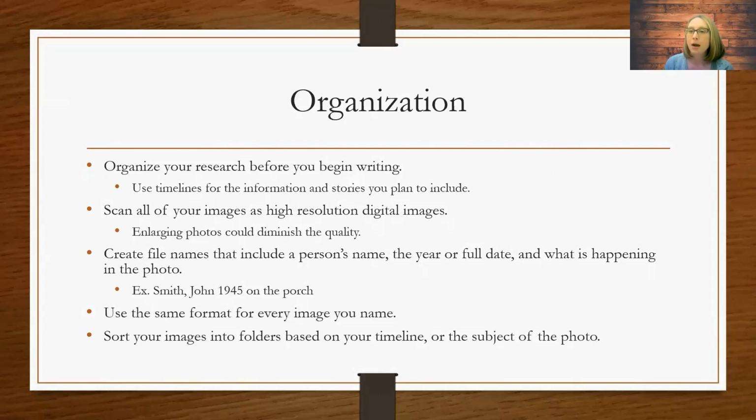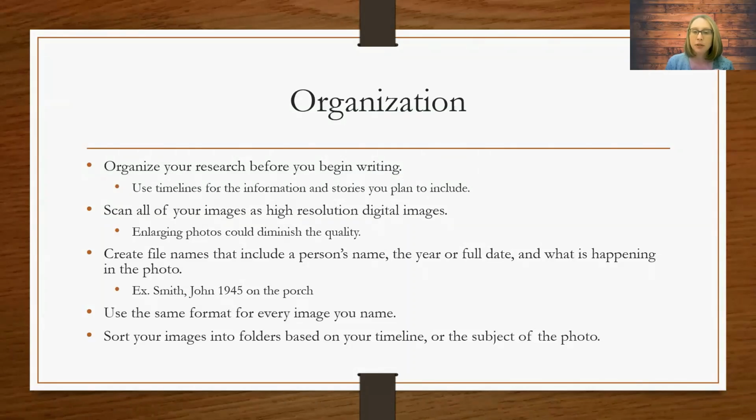And then thinking about your file names. So when you're naming photos, newspaper clippings or documents that you have, you want to create a file name that is consistent. So it should always be the same format for every picture or every document that you name.